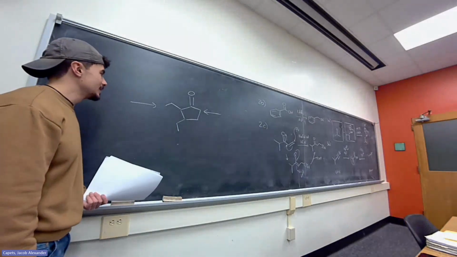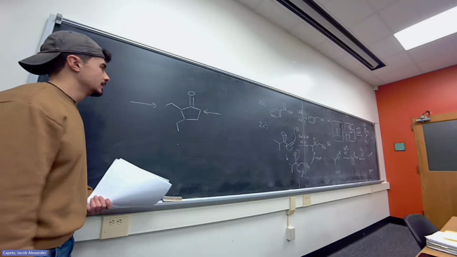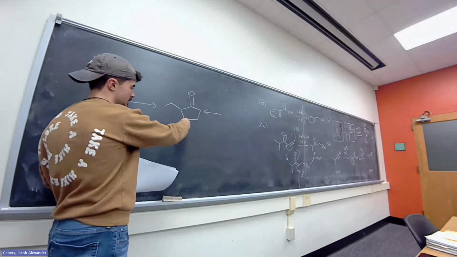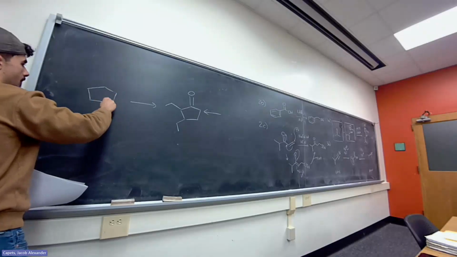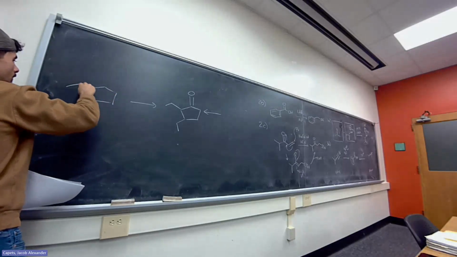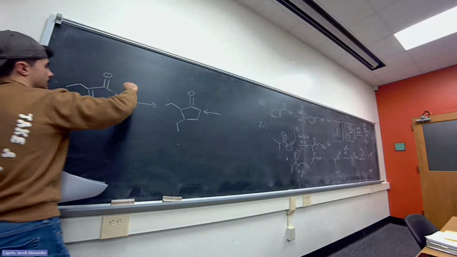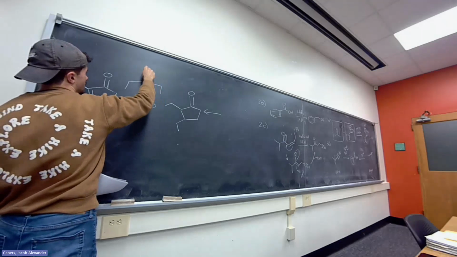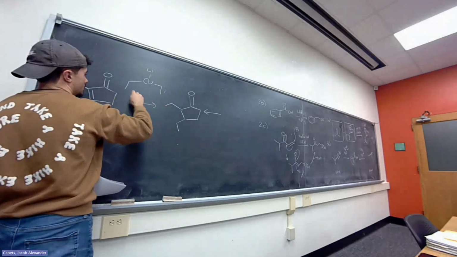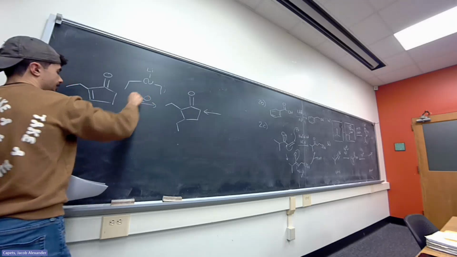So we've got to find what beta carbons have alkyl chains on them. First, we have this one. I think this is the more obvious one. And we're going to use diethyl cuprate. We got a bunch of cuprates as well.